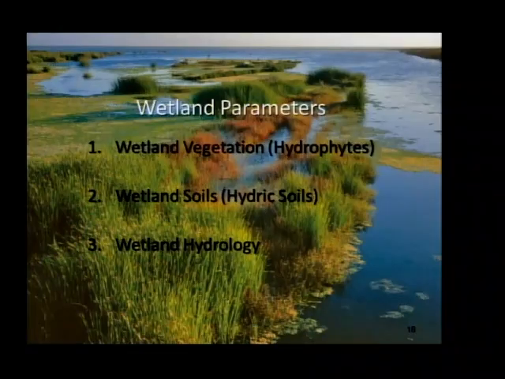The primary parameter upon which all wetland characteristics depend is wetland hydrology, that is, an excess of water. The secondary parameters are wetland vegetation or hydrophytic vegetation, also referred to as hydrophytes, and wetland soils or hydric soils.